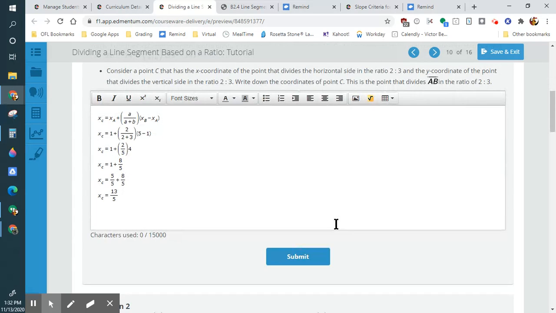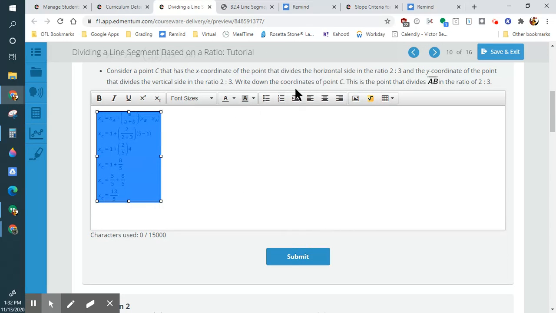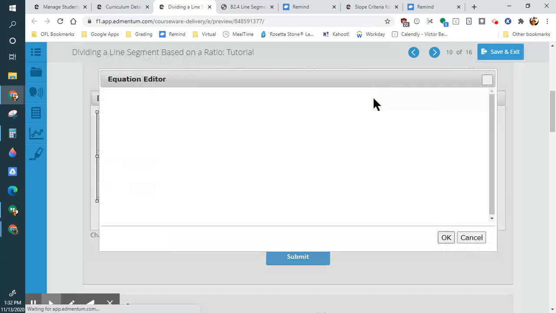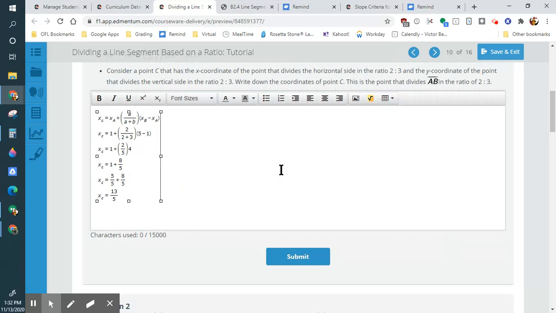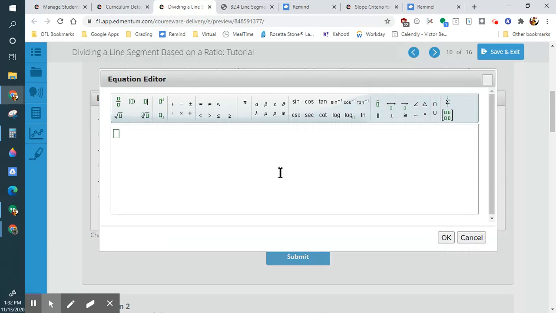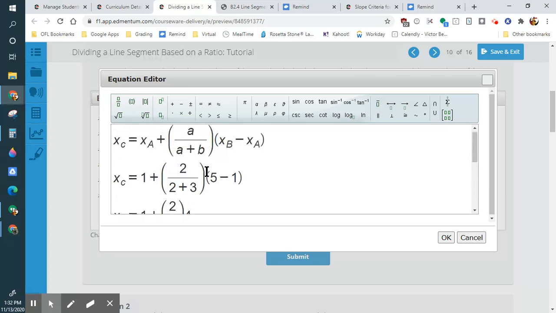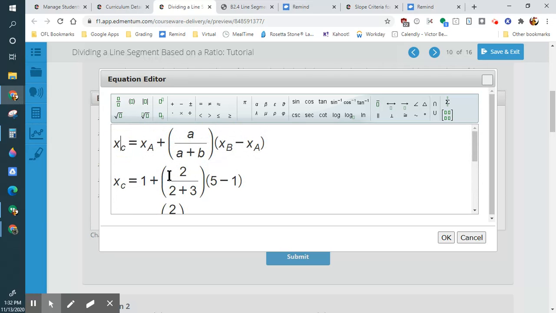Now I want to do my y of c. So I'm going to do the exact same thing, except I'm just going to change the values. So me being creative is if I have to do basically the same thing, I'm just going to copy all the work. However, I need to do it for my y values. So the numbers are all going to be different. The variables are going to be different as well.